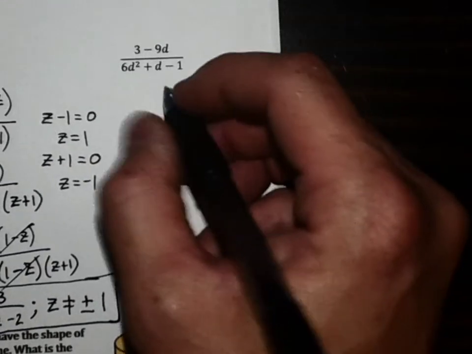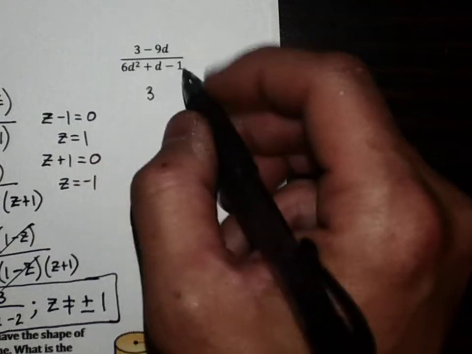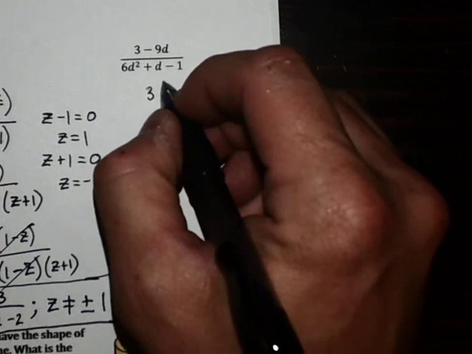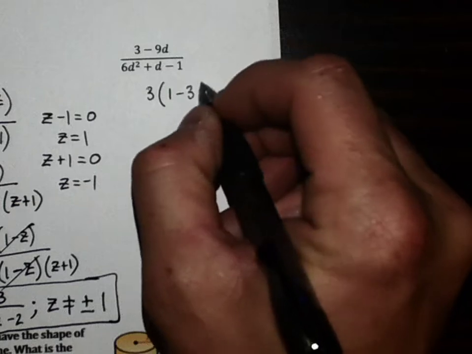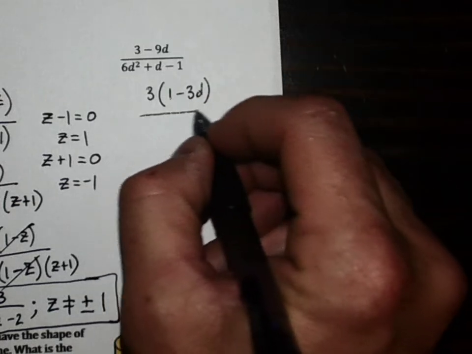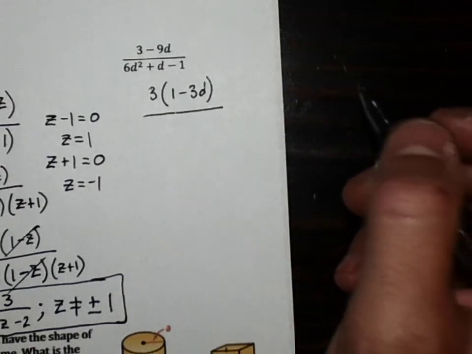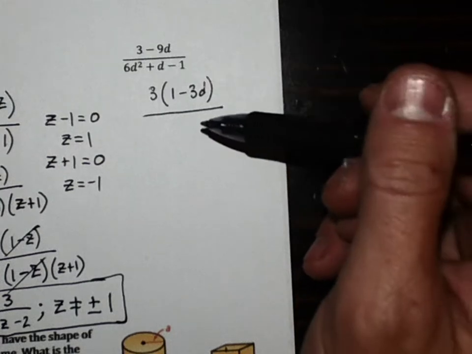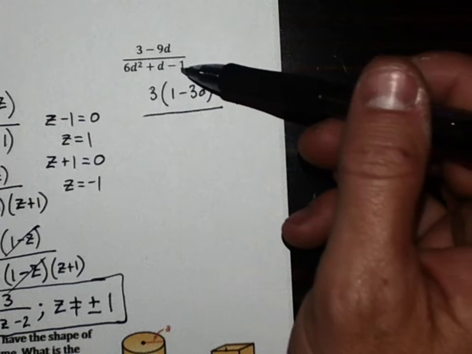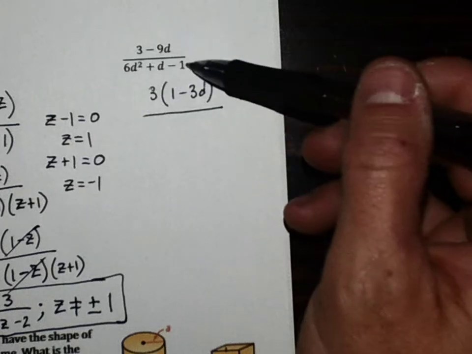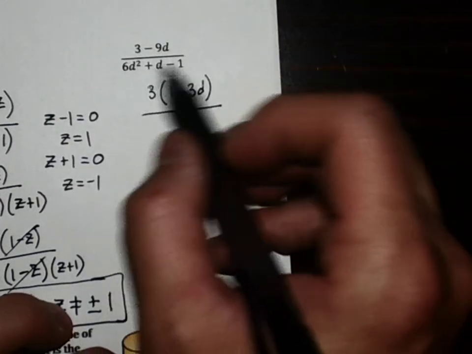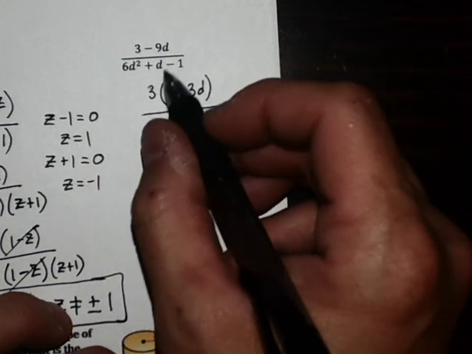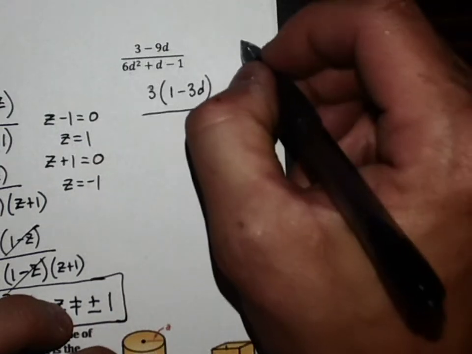Go back up. Again, 3 is in common on the top. 3 gets taken out. 1 minus 3d. Now let's look at the bottom. We have a quadratic here that needs to be factored by grouping. 6 times a negative 1 is negative 6.